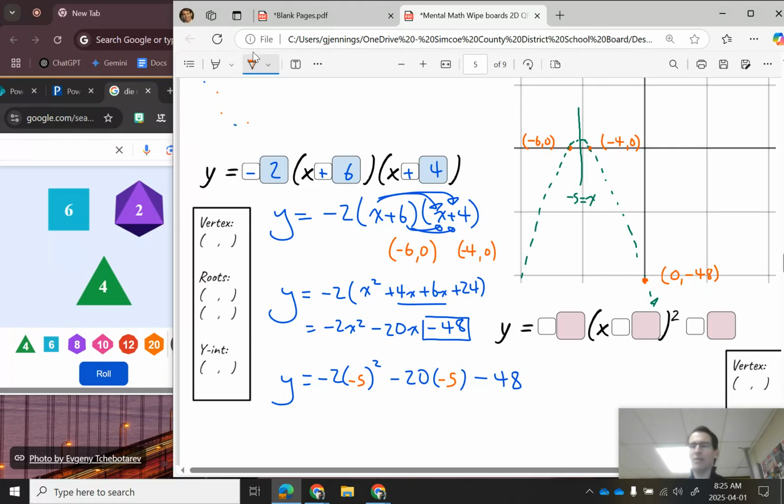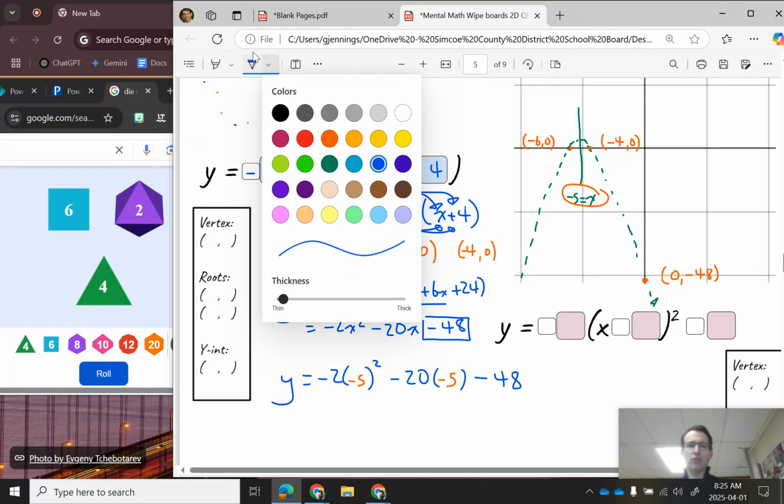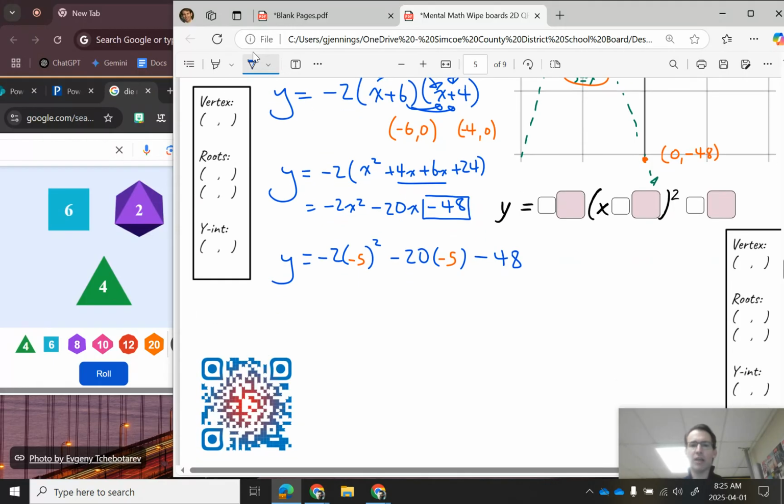So I'm just going to substitute in minus 5, which we know is the equation of the axis of symmetry, because it's dead smack in between the roots. And then we evaluate. So go ahead and race me. See if you can do that mental math or calculator faster than I do. It's fun if you can beat me.